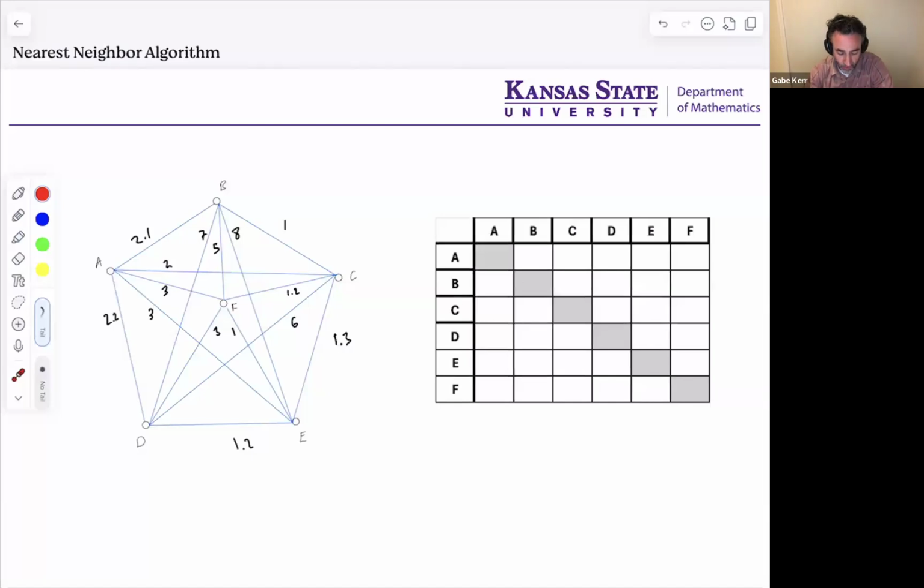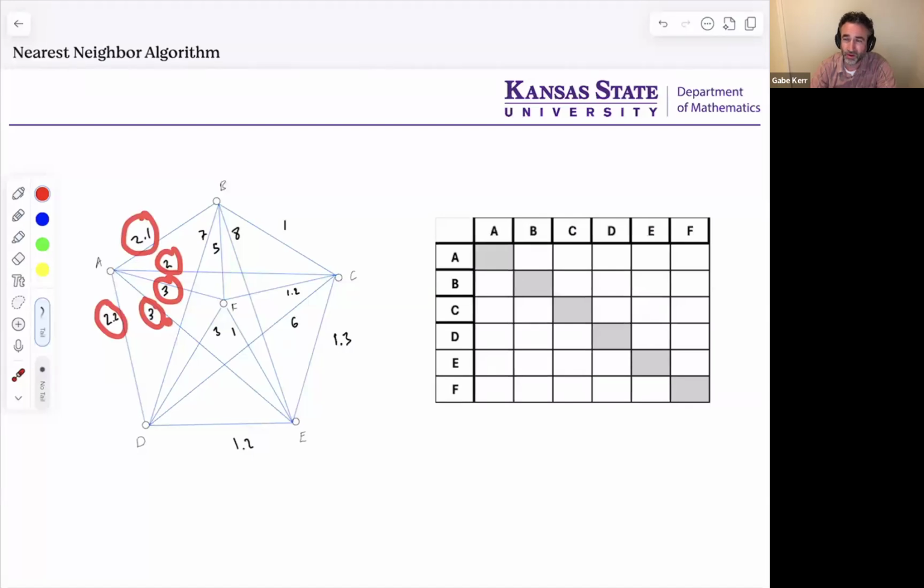All right. So this is called the nearest neighbor algorithm. And so what does it do? Well, the first thing you need to do with the nearest neighbor algorithm is you need to choose a place to start. So I've got a graph drawn here, and let's start with A, our point A. And what we do is we look at all of the edges incident to A, which I'm circling here, and we check their values, and we find the smallest value, okay?